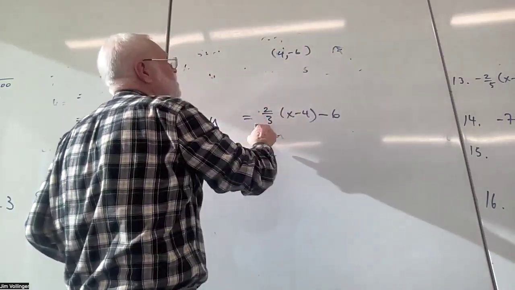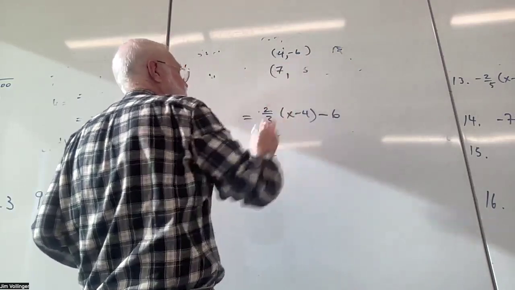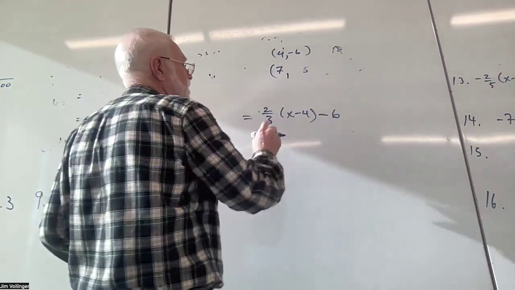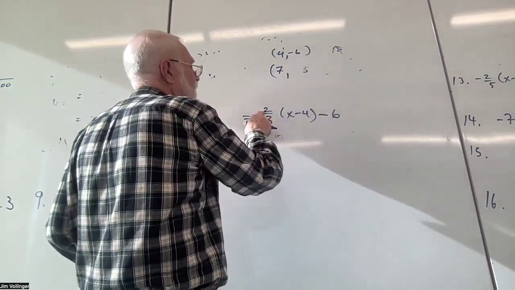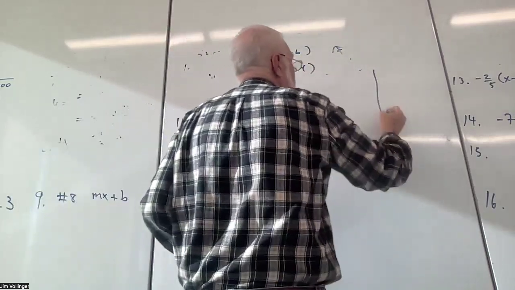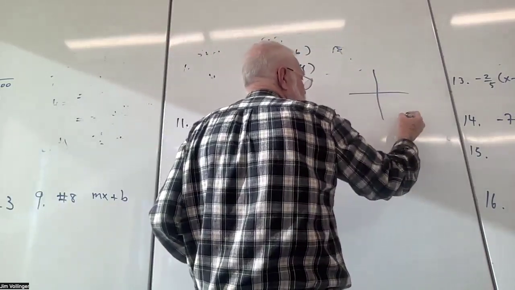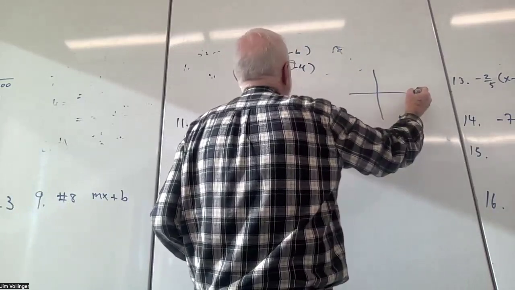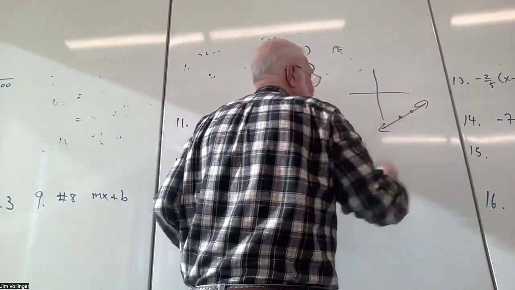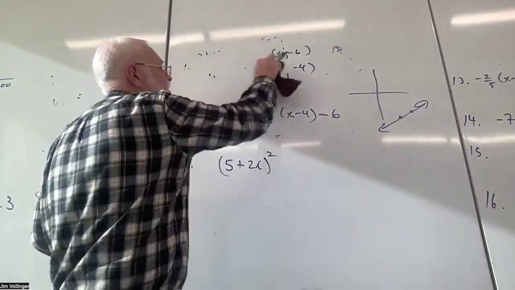And if I change my x's by 3, then a 7 should get me changing my y value by up to negative 4. All right, so 4, negative 6 might be here. And 7, negative 4 is a little bit above it. There's my line. Done. Just plot those 2 points.